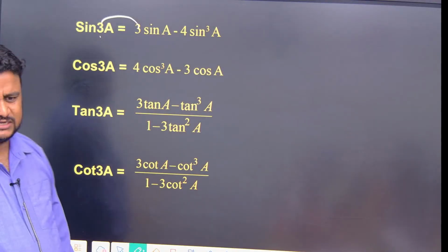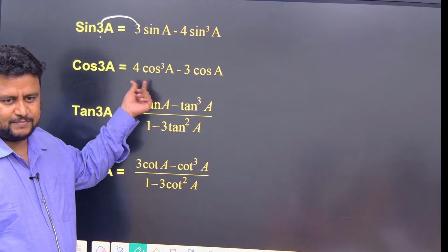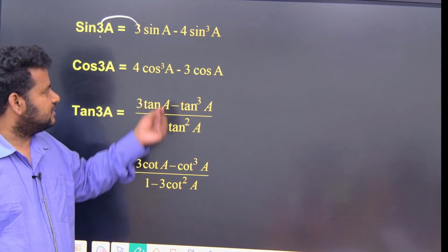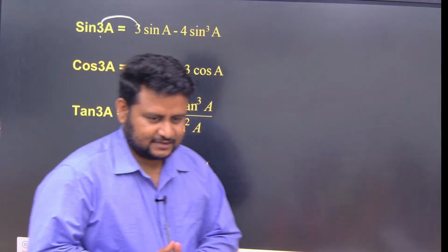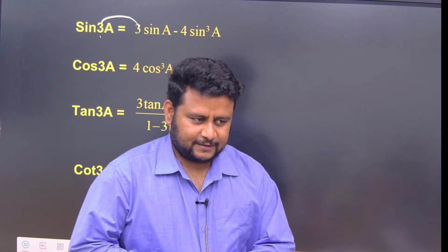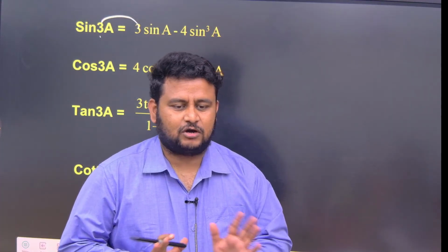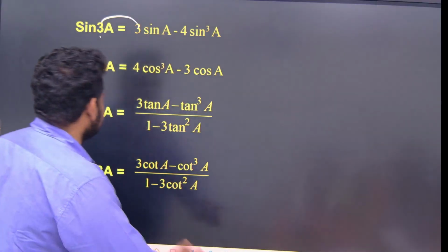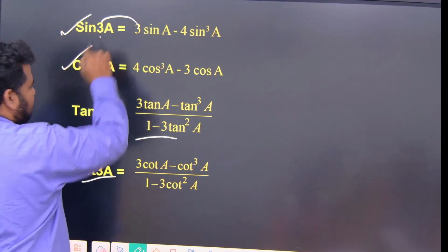Cos, I told you, is very rude. First you will take the bigger value: 4 cos cube A minus 3 cos A. Sin 3A is 3 sin A minus 4 sin cube A. Cos 3A is 4 cos cube A minus 3 cos A. Please remember this. Then tan 3A is 3 tan A minus tan cube A over the usual denominator. This and this are not that important, these two are highly important.